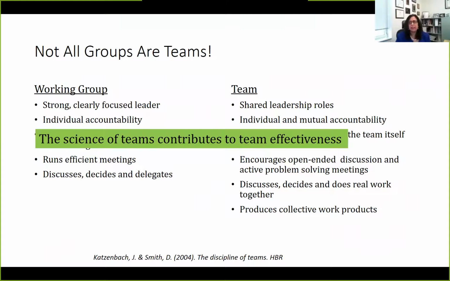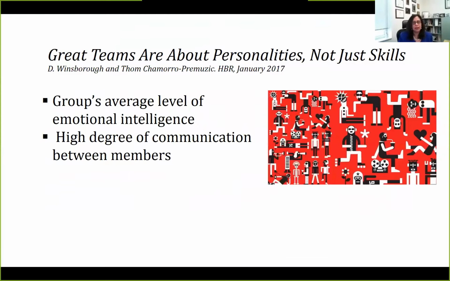This was studied in the early 80s and 90s by a lot of organizational psychologists and communication experts, and the science of teams contributes to team effectiveness. That is the reason it is important for us to study how teams function, and the dynamic is the one we will be talking about.